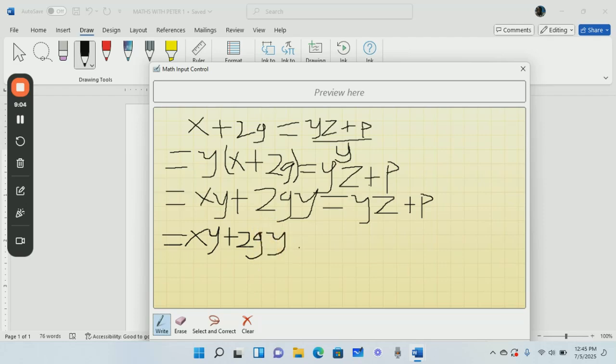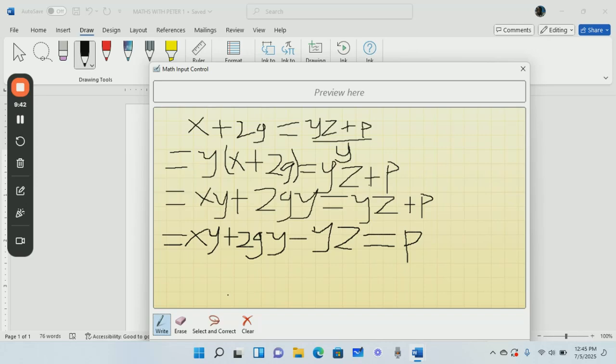So we move this yz, it will become minus because it's positive there. So minus yz. Please don't mind my writing, I'm not familiar with the ink, that's why. All is equal to p. So right now we have it here.